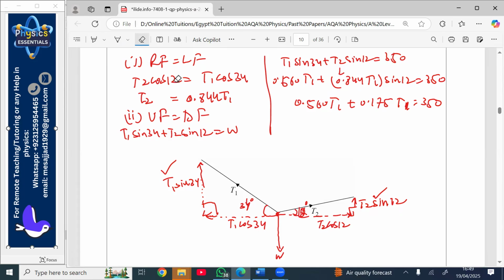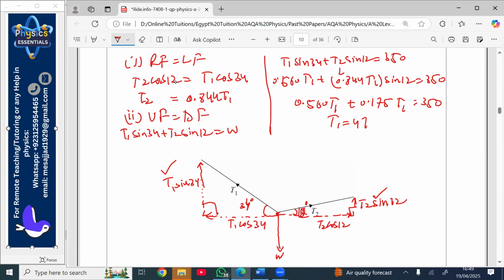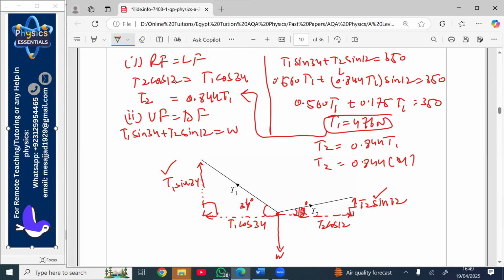All right, so from here, T1 is 476 Newton, and just put that back here to get T2. So T2 is 0.844 T1, and T2 is 0.844 into 476. So T2 is 401 Newton. Okay.